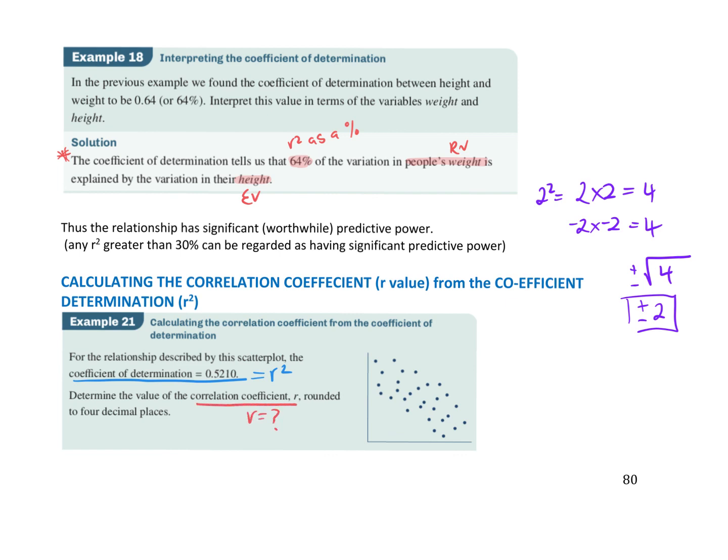So the way you find R is you do the square root of the R squared value. So I'm going to do the square root of 0.5210. When I did that, I get an R value. Now I'm still constantly writing it's either plus or minus, so it's going to be plus or minus 0.7218, okay?